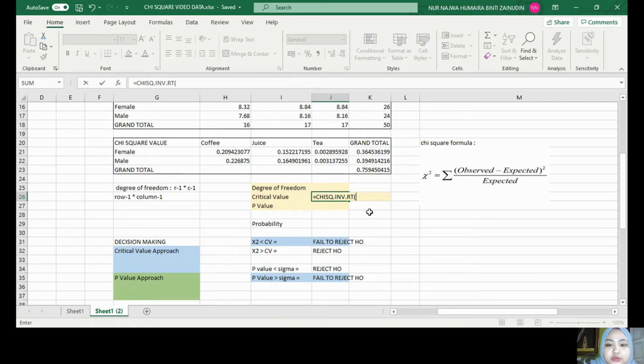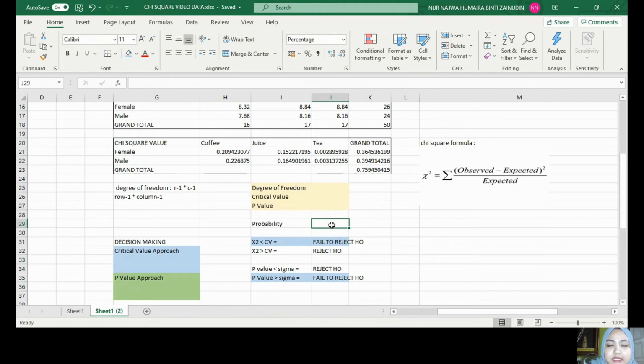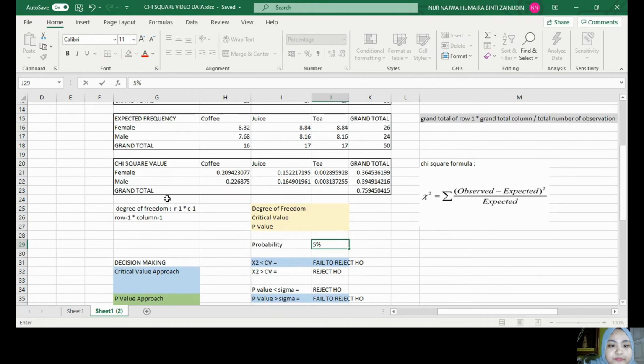For this formula, you will need both probability and degree of freedom. Probability is basically the significance level, alpha, which is 5%. For degree of freedom, you use the formula row minus 1 multiply column minus 1.